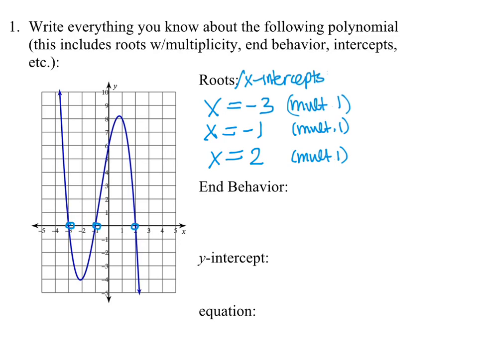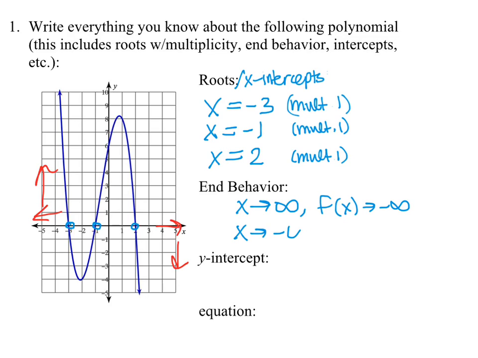Because it has a multiplicity of 1, I don't necessarily have to write down the multiplicity, but I'm going to anyway. For the end behavior, I'm just going to look at the graph. As I go to the right, my graph goes down; to the left, it goes up. So as x approaches positive infinity, f of x approaches negative infinity, or goes down.